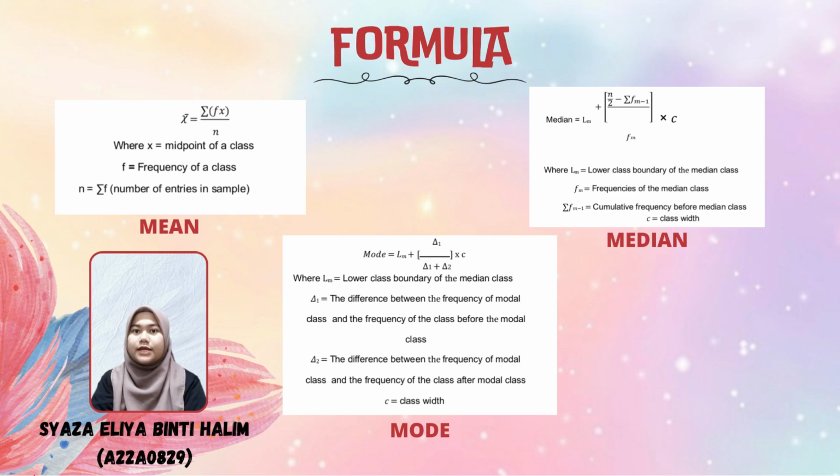The next formula is the simple median, which is the lower class boundary of the median class plus n divided by 2 minus the cumulative frequency before the median class, multiplied by the class width. The last one is the formula for the simple mode, which is the lower class boundary of the mode class plus delta 1 divided by delta 1 plus delta 2, multiplied by the class width.